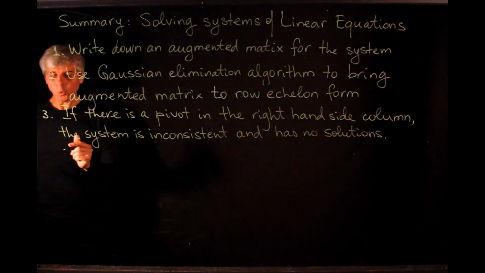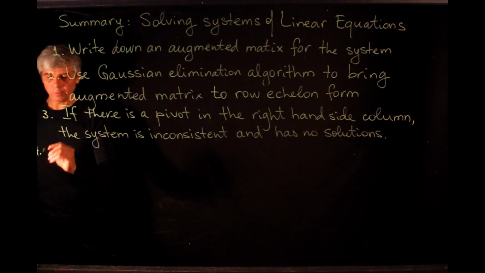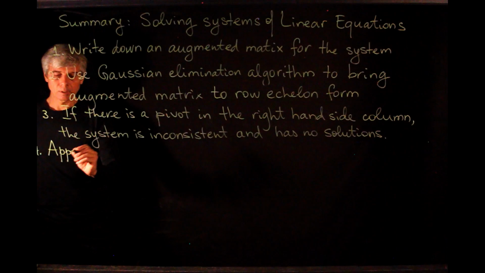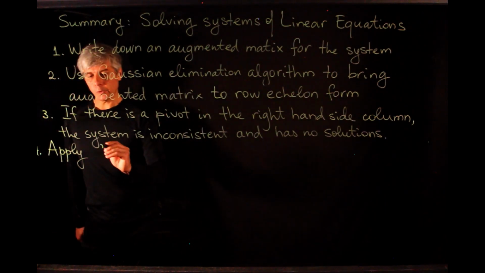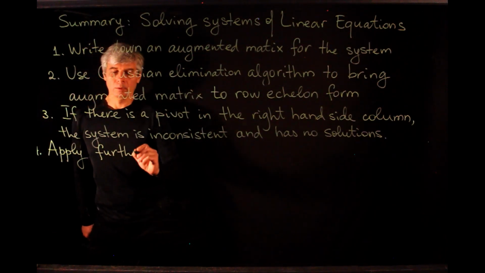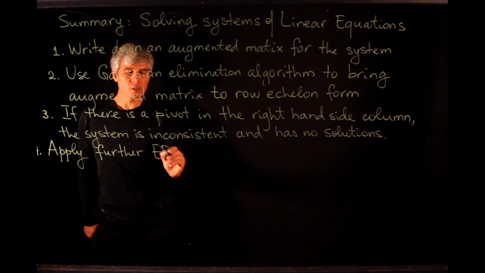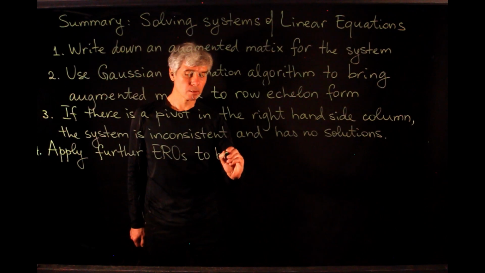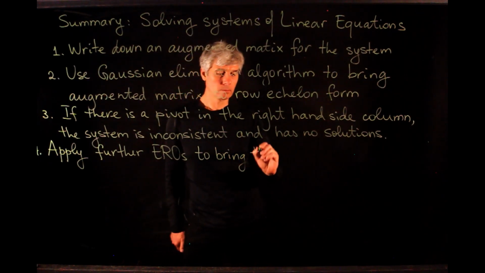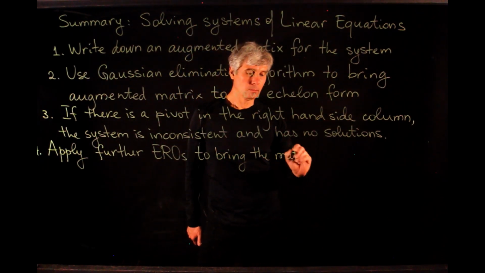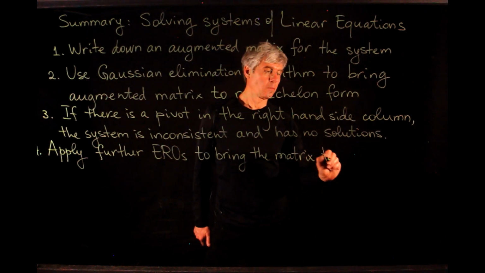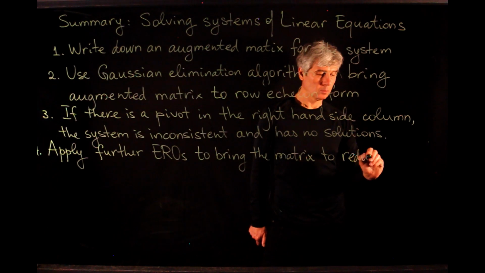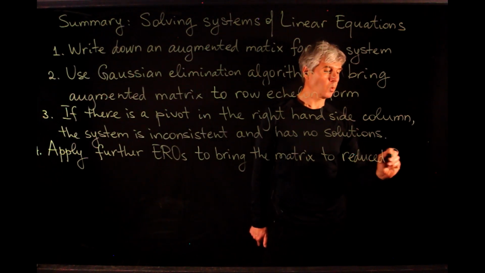If 3 does not hold, then we apply further elementary row operations to bring the matrix to reduced row echelon form.